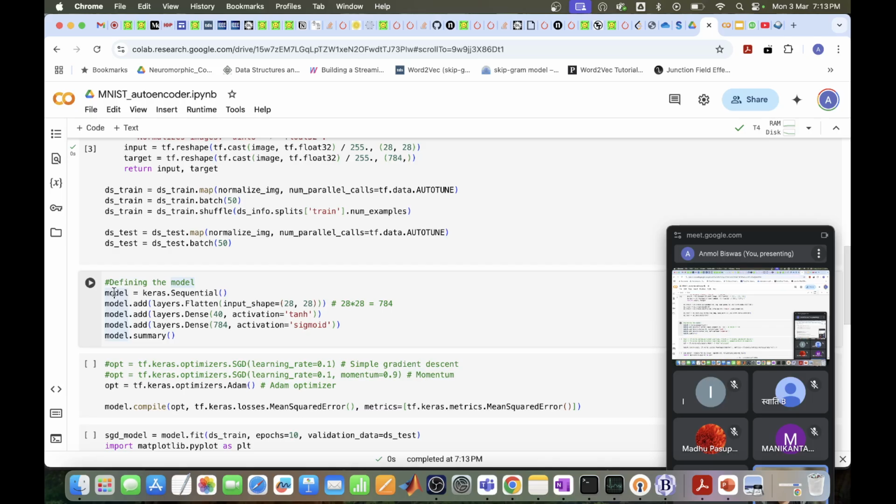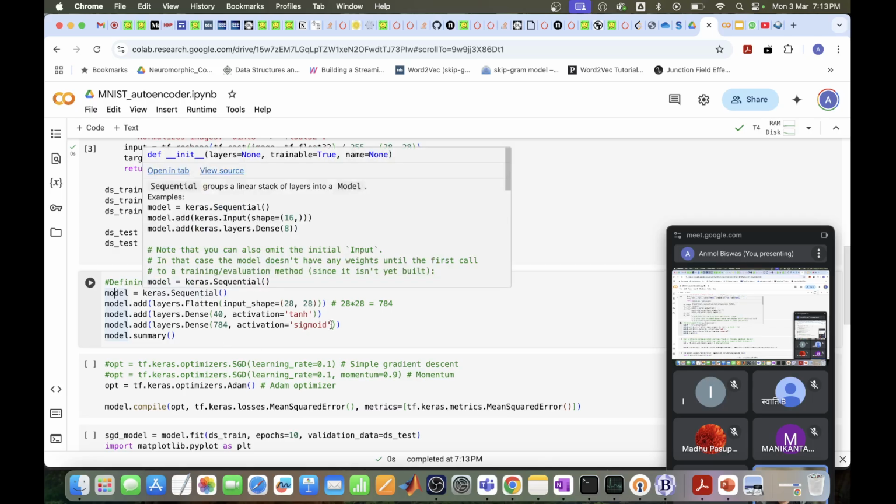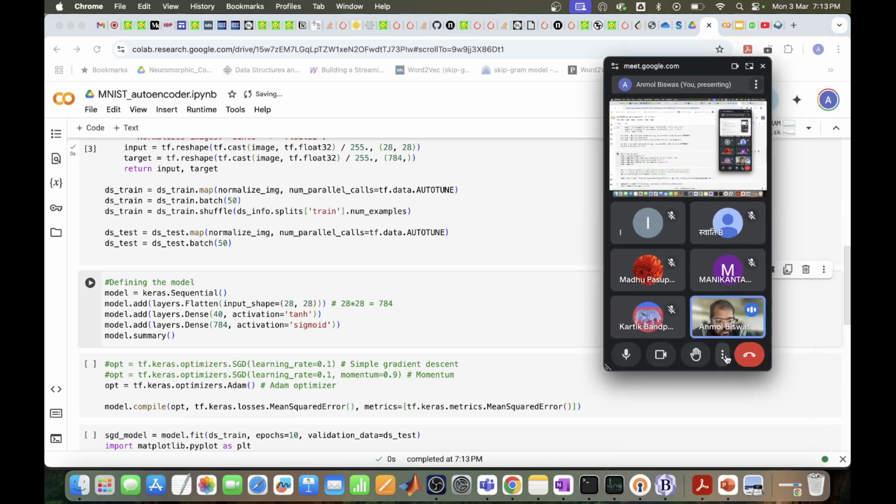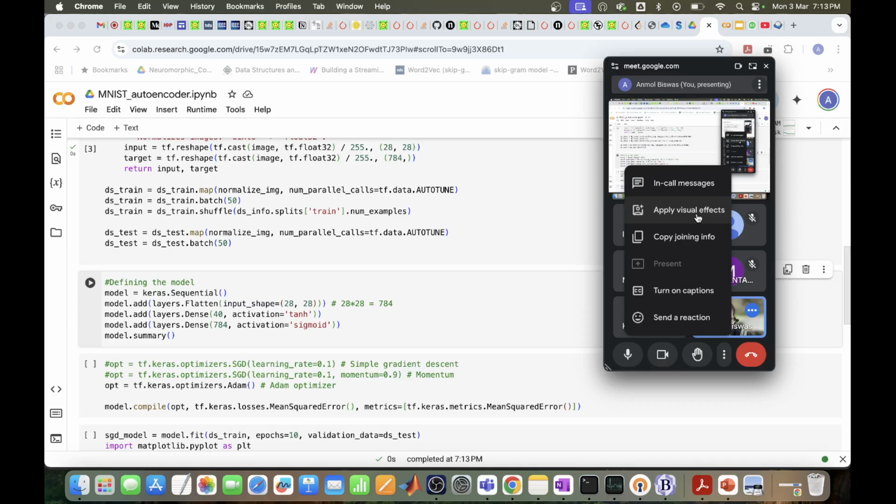Now we are defining the model. So here is the first question: what kind of autoencoder is this? Is this an over complete autoencoder or an under complete autoencoder?